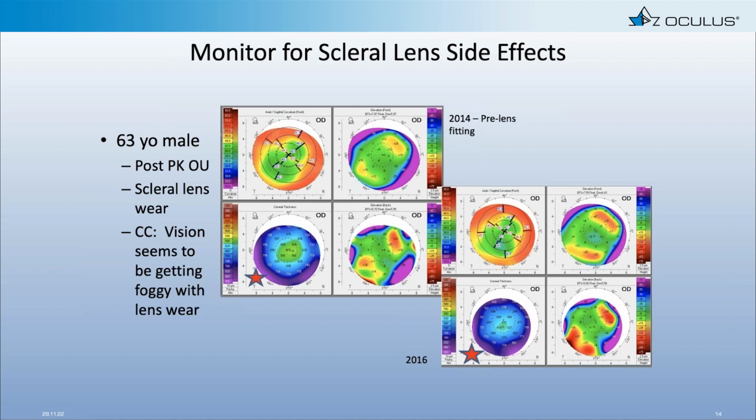But coming in several months after he started wearing his lenses, he noted that his vision seems to be getting foggier with lens wear. And so 2 years later, fast forward to that appointment, we were able to do a Pentacam and look at his cornea and notice that indeed prior to fitting compared to with his lenses, he was getting a significant amount of corneal edema, close to 8 to 10% swelling in this case with his lenses.